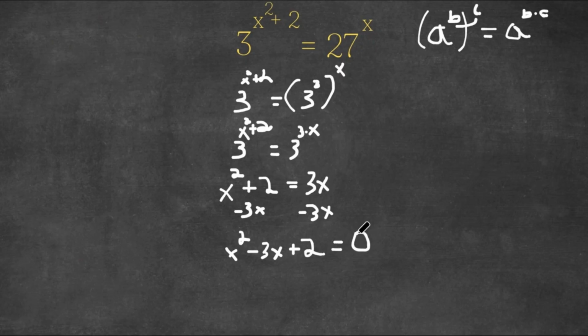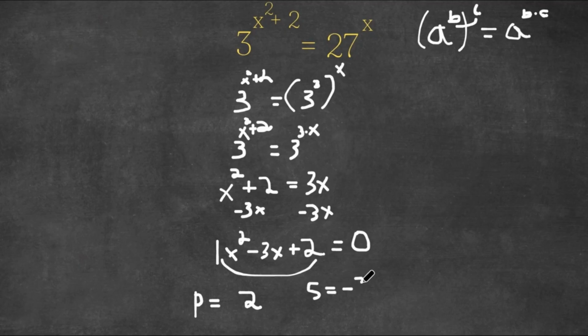So now we're going to factor this equation. We're going to multiply a and c, and we have b here. So a is 1, so 1 times c is 2. Our product, p, is 2, and our sum is -3.